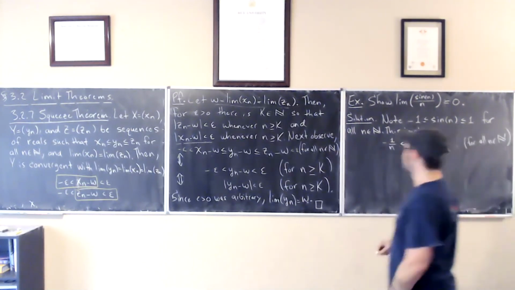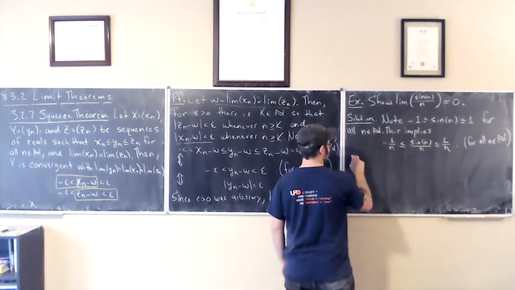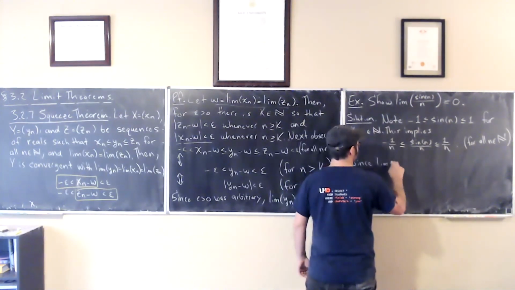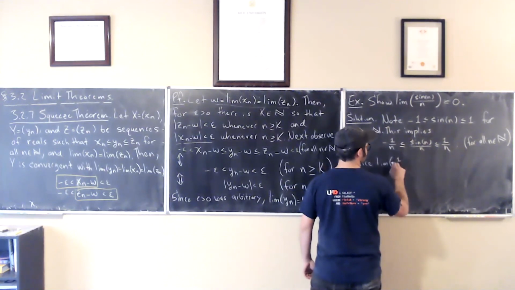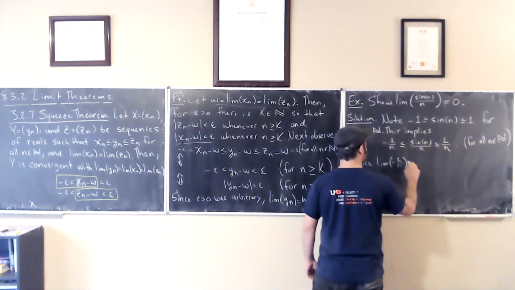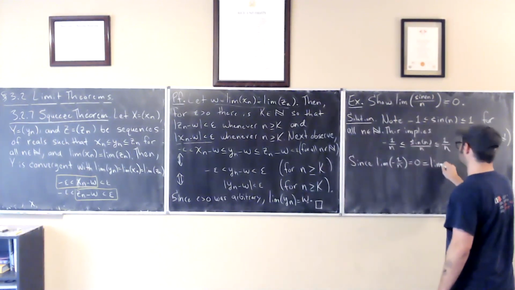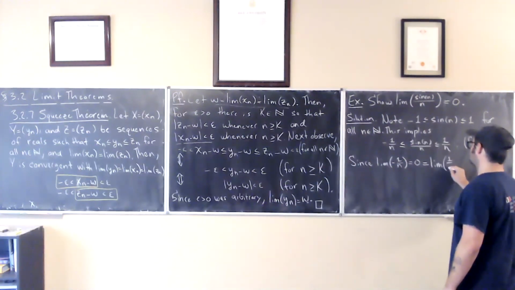So we can use the squeeze theorem. Since we've shown these two before, the limit of -1 over n is equal to 0, which is equal to the limit of 1 over n.